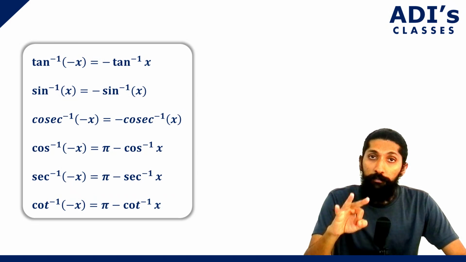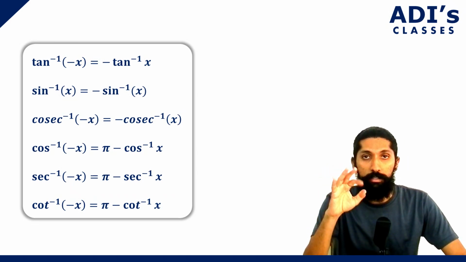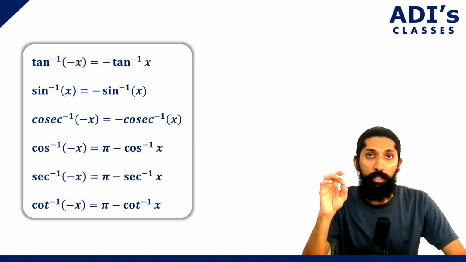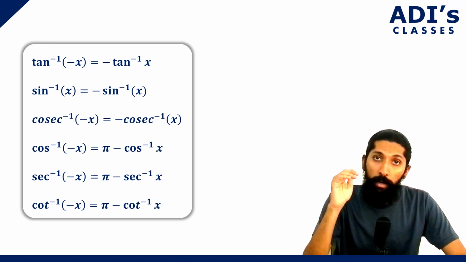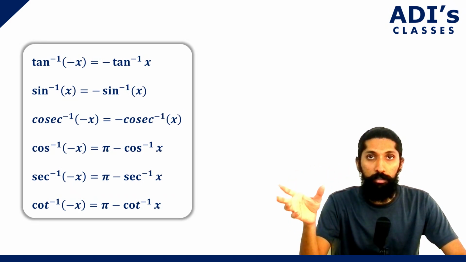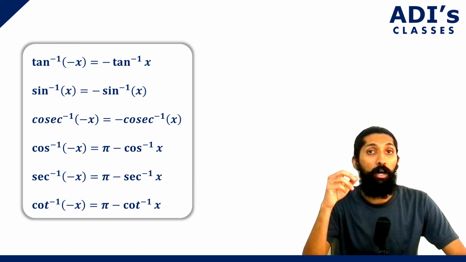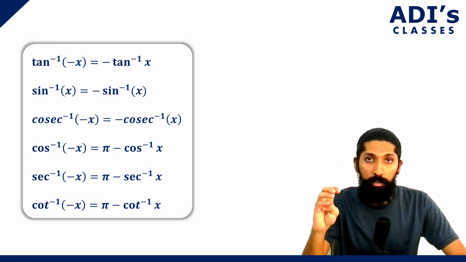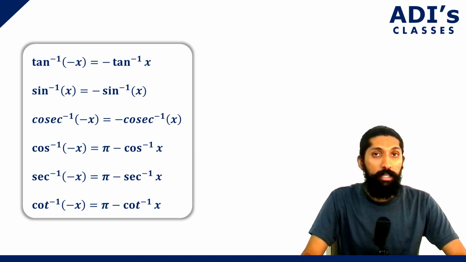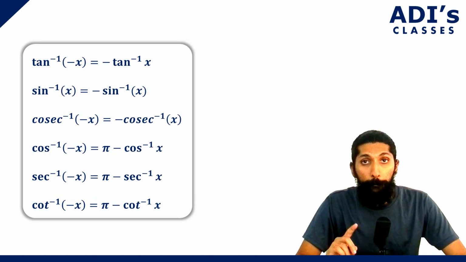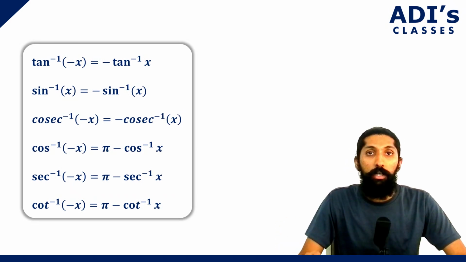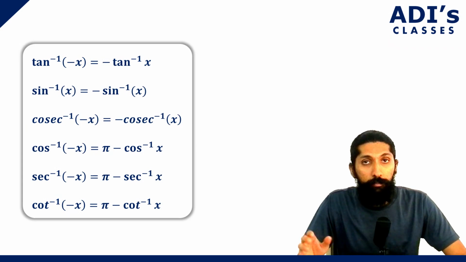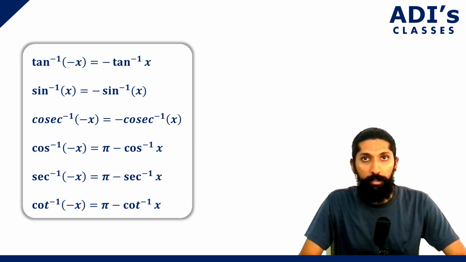For three functions, sine inverse, tan inverse, and cosecant inverse, they just have minus of that particular inverse trigonometric function. For the other three, which is cos inverse, cot inverse, and secant inverse, we have pi minus the particular inverse trigonometric function. This is wherever we have negative values, isn't it?